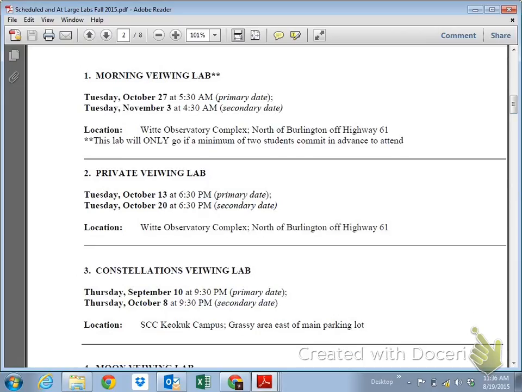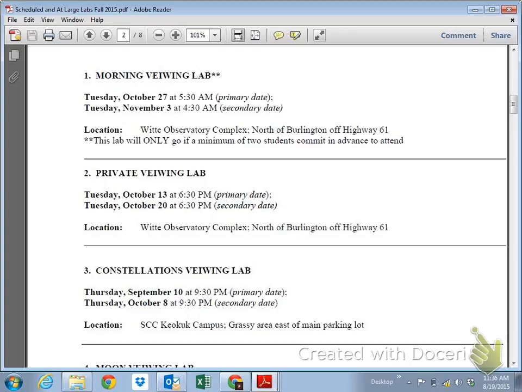Okay, so the morning viewing lab, this is the only one that has 2 asterisks. I love the morning viewing lab. By the way, I picked all these dates specifically by looking at whether the moon is going to wash everything out, or whether the moon is not there so we can see what we want to see.